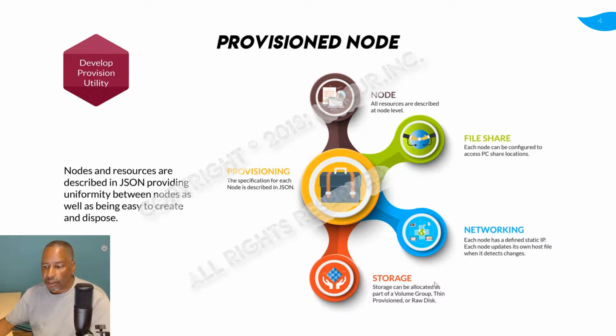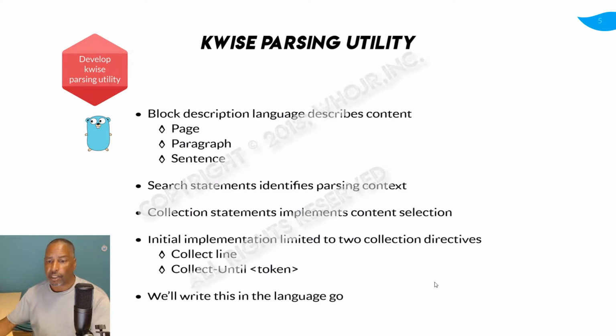Now, the Kwise utility is a utility that we're going to create here. We're going to use the Go programming language, and what we're going to create is a 3-statement language, which covers page, paragraph, and sentence. And those 3 statements are going to have the ability to have attributes on them.